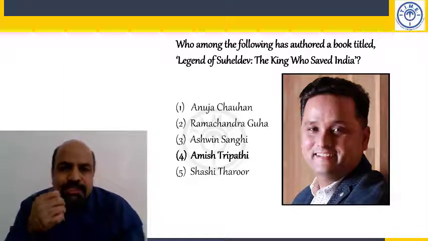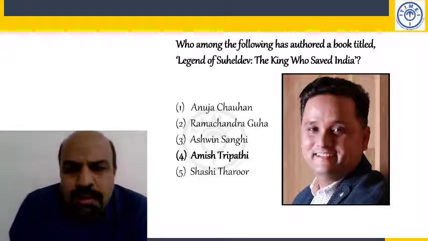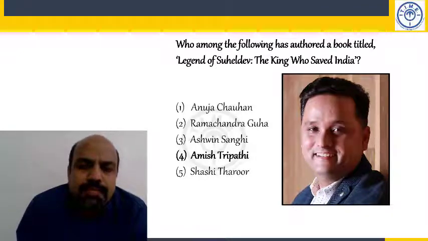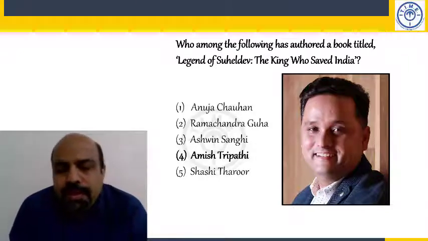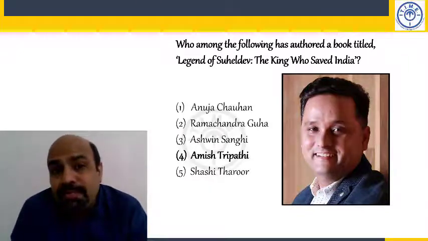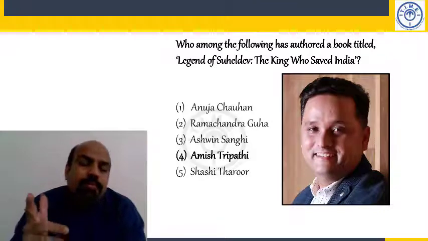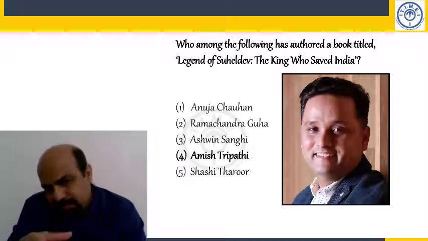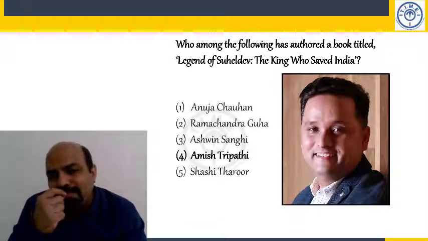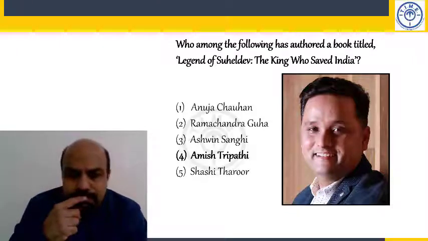What about these choices? Anuja Chauhan, you could write one book. She's a poet, writer, novelist, and an advisor also. A Dil Mange More was coined by this lady, Anuja Chauhan.